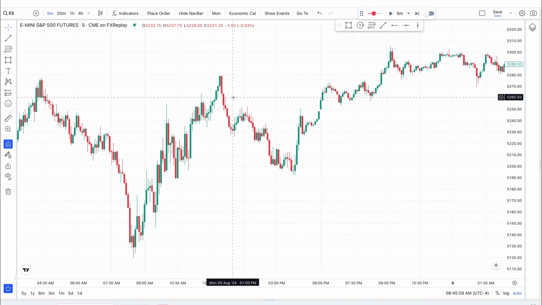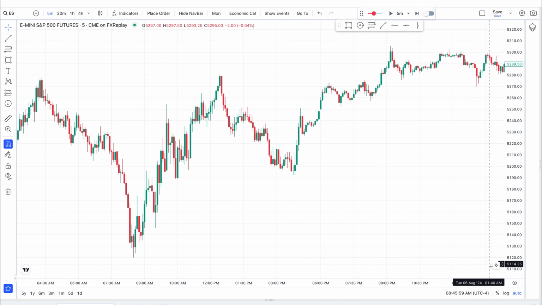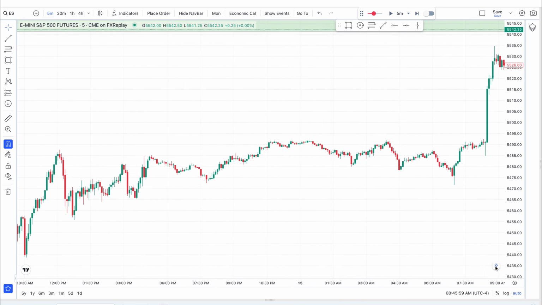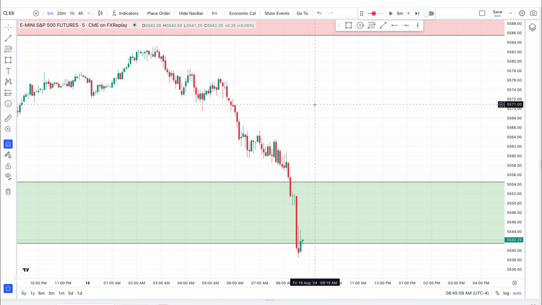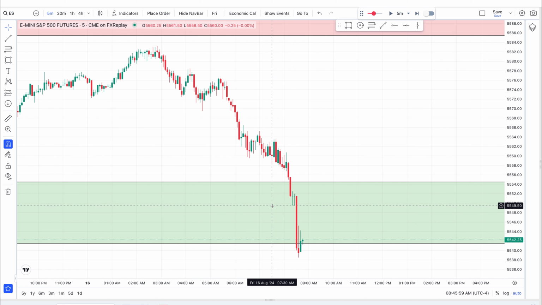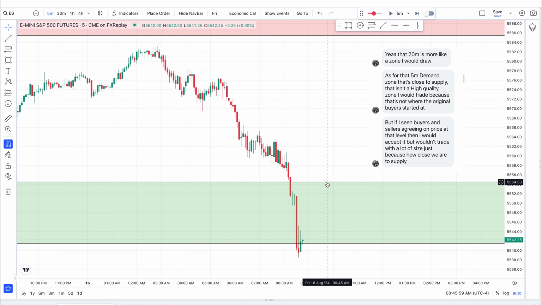So I asked the first supply and demand trader if he's seen any long or short opportunities and what his take on this price action was. The first thing he noted was that this demand zone would have been a low probability demand zone.